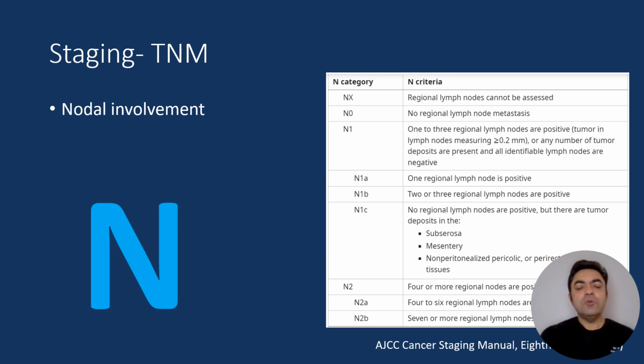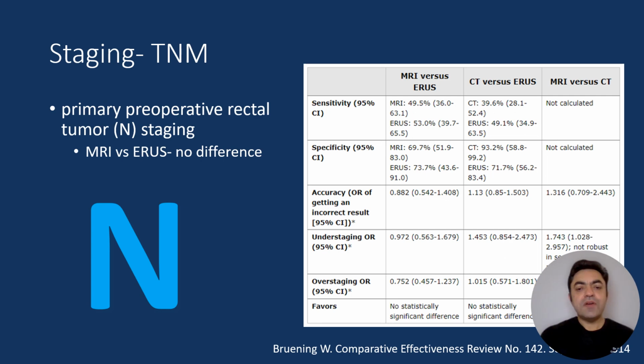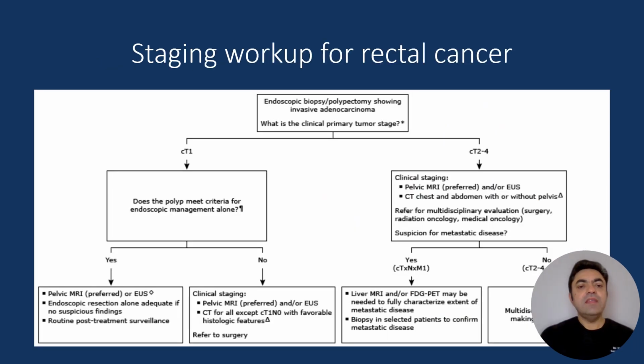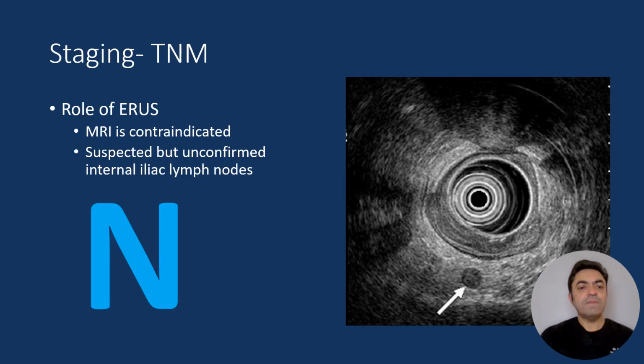Also, with regards to nodal involvement, when compared to MRI scan, there is no statistical significant difference between MRI scan and endoscopic rectal ultrasound scan. And therefore, all of the algorithms for staging workup for rectal cancer prefer MRI scan initially for staging.